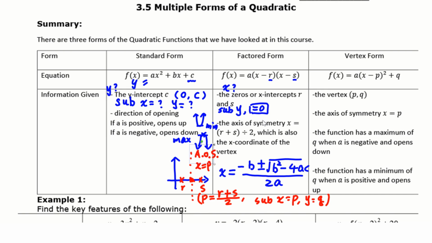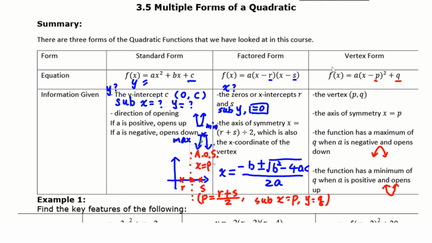So this is information from the factored form. And from vertex form, you could read the vertex right away. This is the turning point. So the axis of symmetry is x equals p, and if a is negative, it opens down and has a maximum. If a is positive, then it opens up and you have a minimum value at the vertex.